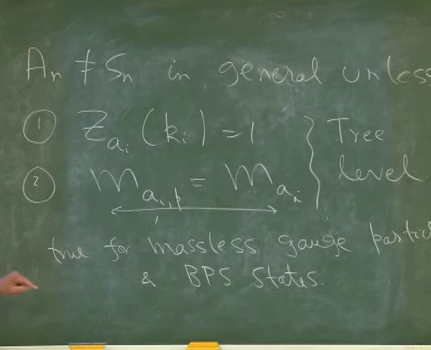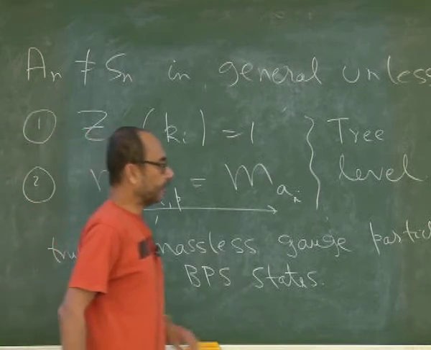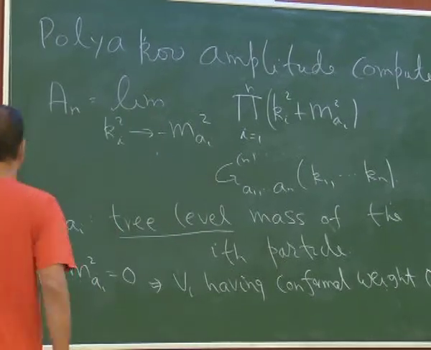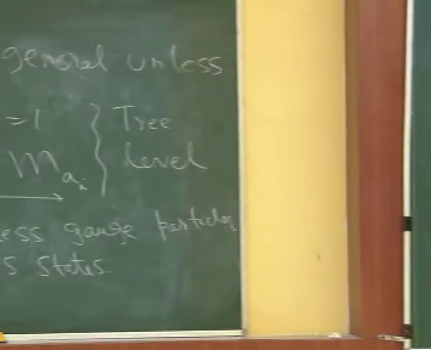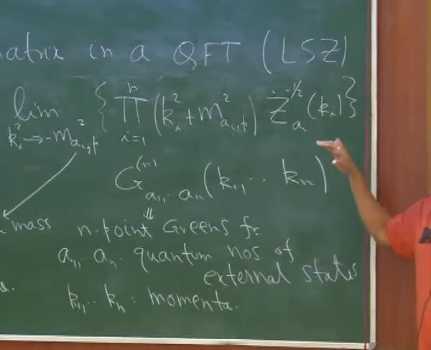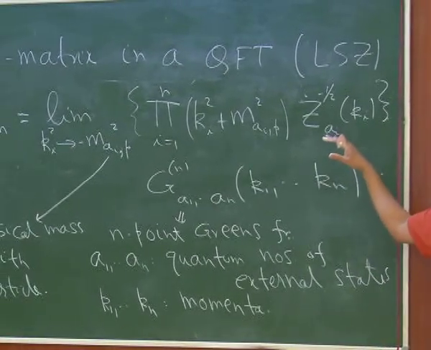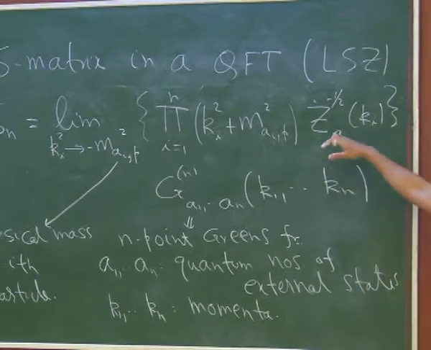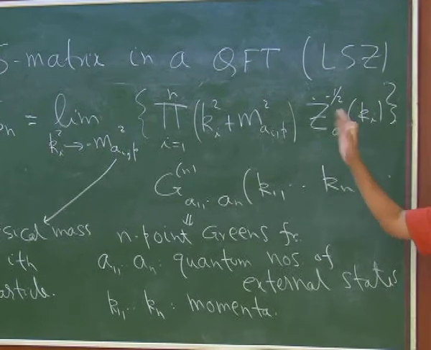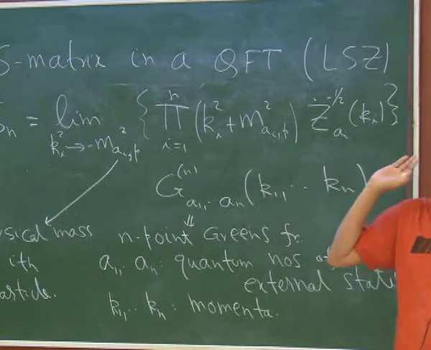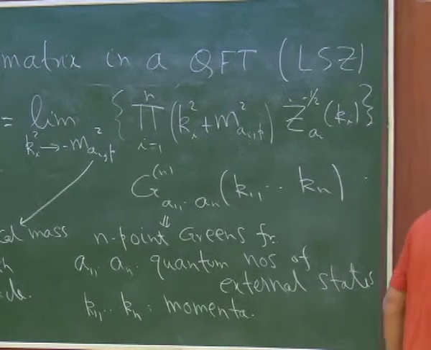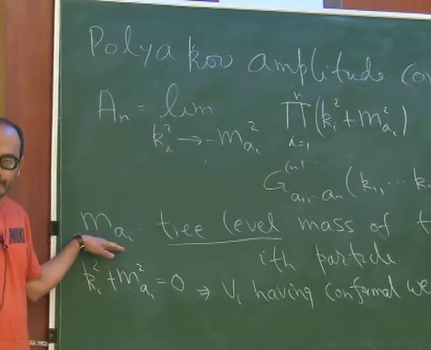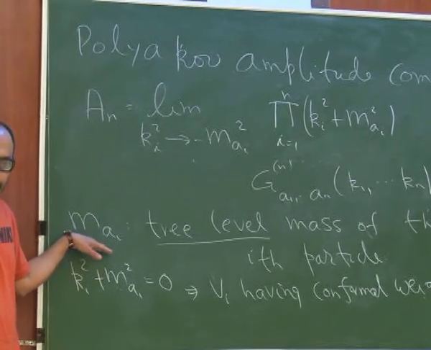Now it turns out that the effect of Z, even remaining within the on-shell formalism, is not too hard to take into account. If we had an on-shell S matrix element, you could take into account the effect of Z remaining within the on-shell formalism. However, the fact that m_ai is different from m_ai physical is much harder to take into account.